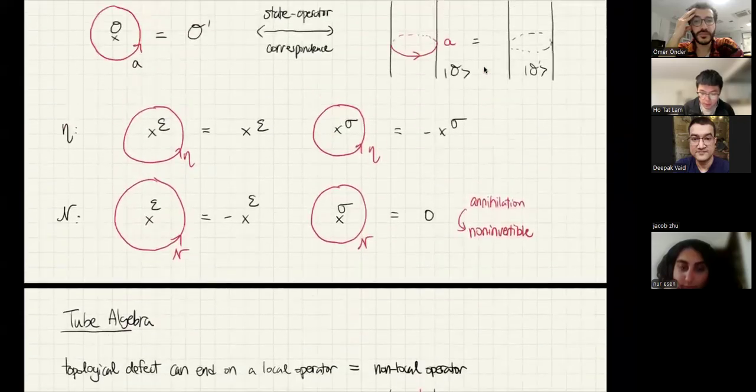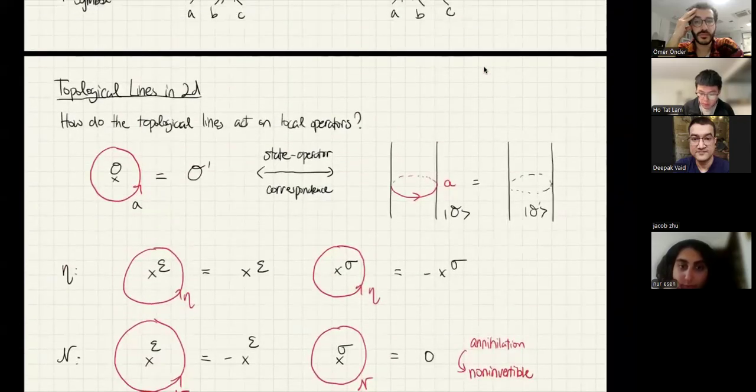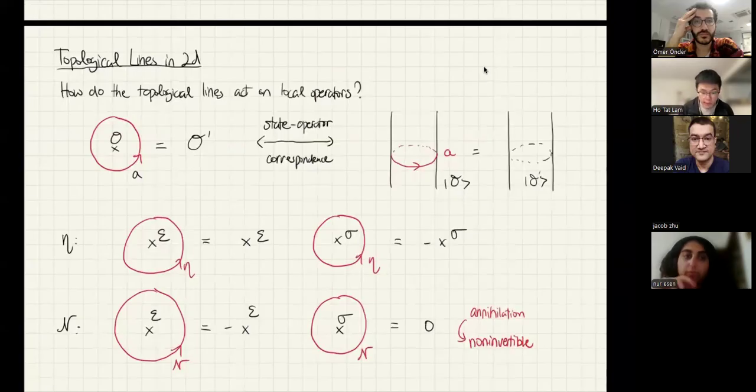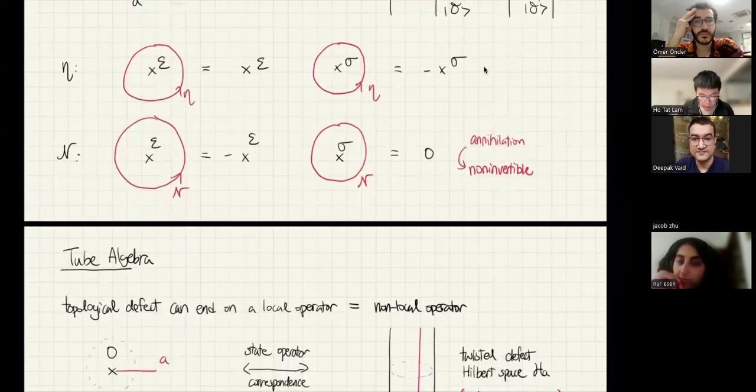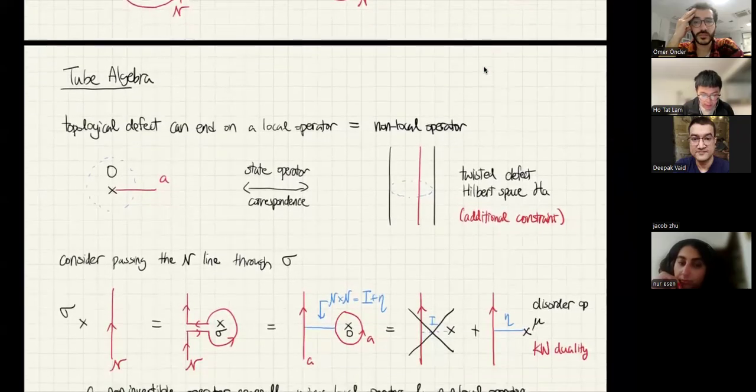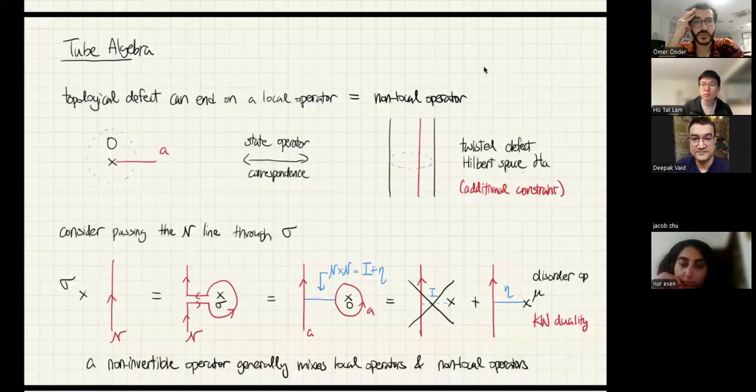If you already know about non-invertible symmetries, this is something you might already know. But there's one thing I want to emphasize: the reason non-invertible symmetry is non-invertible is, in some sense, that these non-invertible symmetries are mapping you from the Hilbert space to a different Hilbert space. So what is this different Hilbert space I'm talking about?